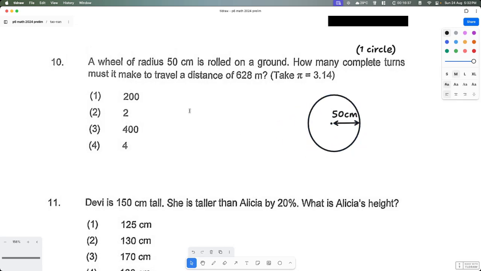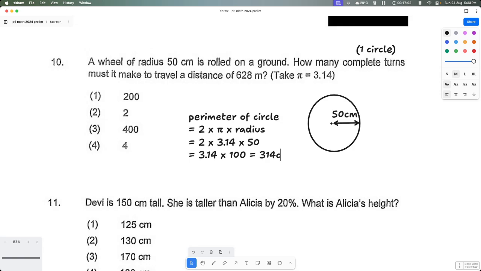Okay, so we'll get the perimeter of the circle, which is 2 times pi times radius. We know the radius is 50, so 2 times 3.14 times 50, which is equal to 3.14 times 100, which is 314 centimeters.